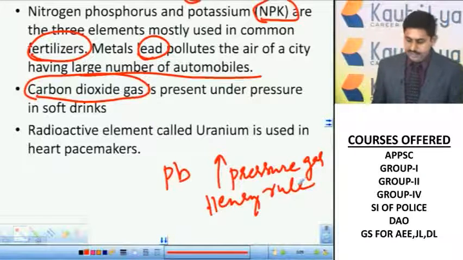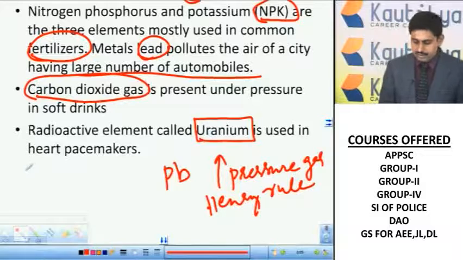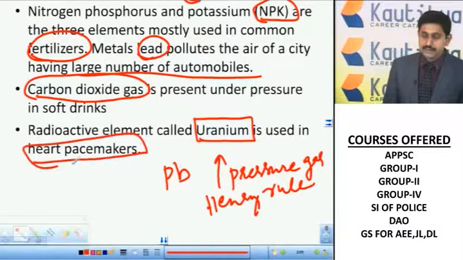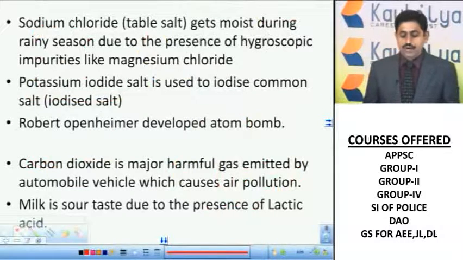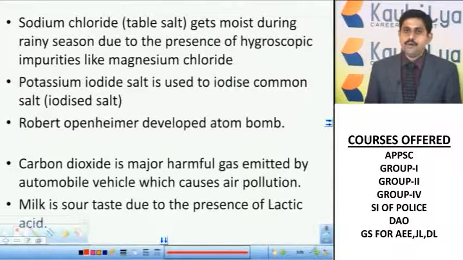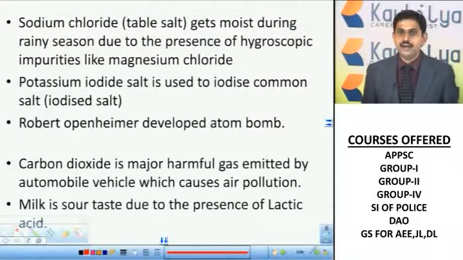Okay, then uranium, it is a radioactive element which is used in the preparation of the heart pacemaker. Next one, sodium chloride, the common name for table salt. It is moist during the rainy season.